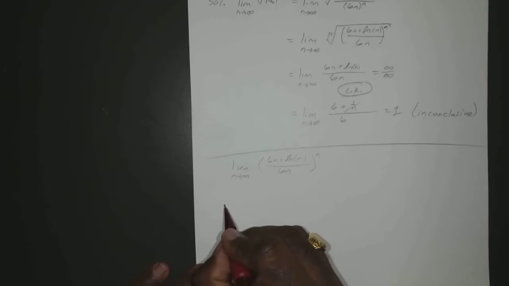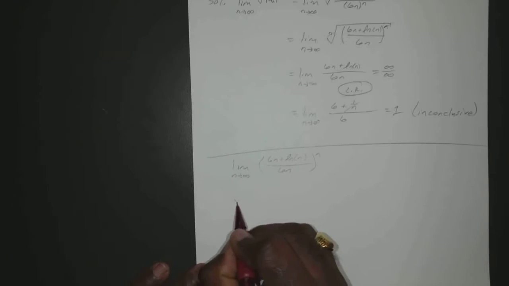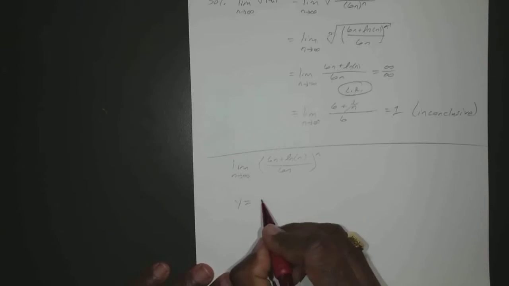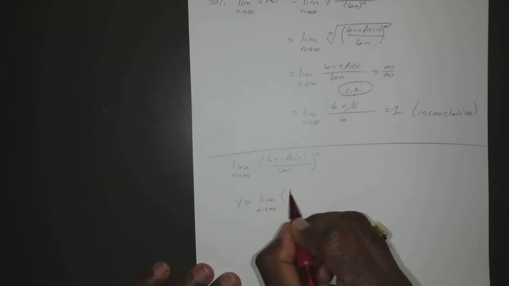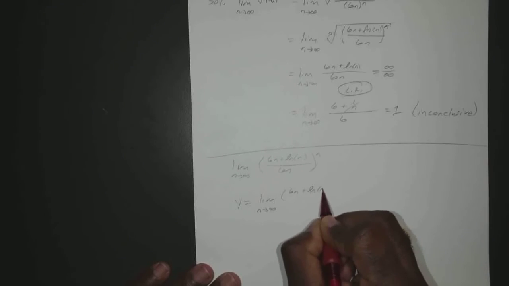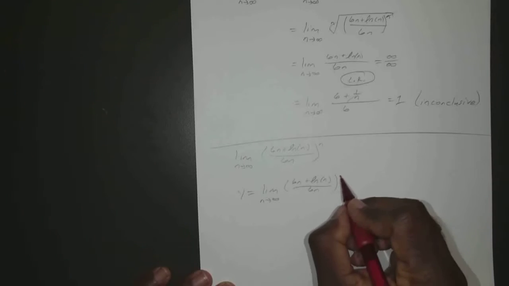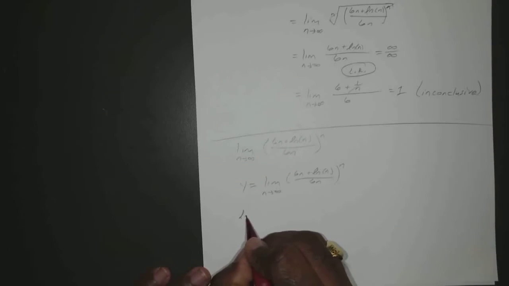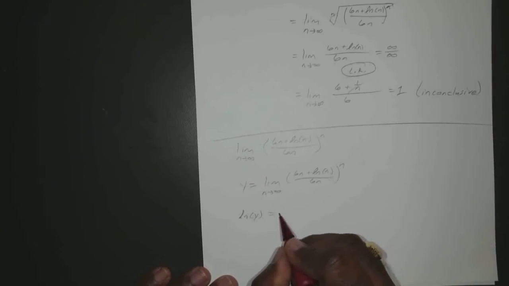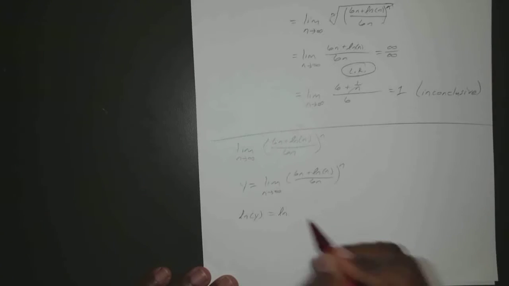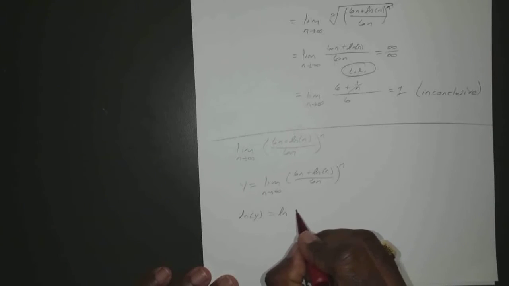And with that one, since we have that n up there, y equals the limit as n approaches infinity of (6n plus natural log of n over 6n) to the nth power. So if we apply natural log to both sides, it gives us natural log of y equals the natural log of the limit.